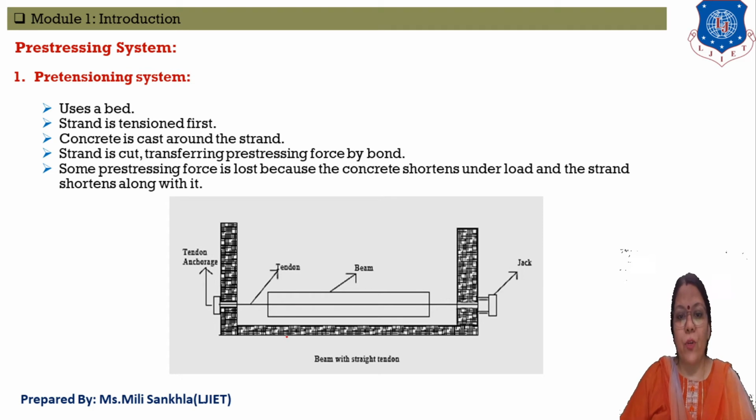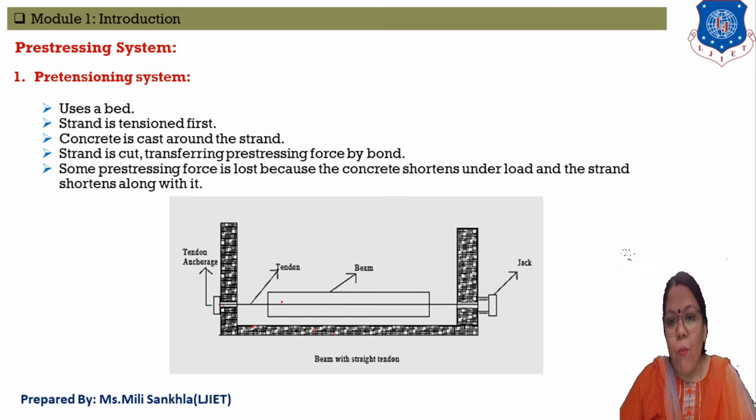First of all, this horizontal member is known as a beam, and here the surface on the beam is cast. Look at both ends of this beam: both ends have anchorage, and this middle one is the tendon, or we can say strand.